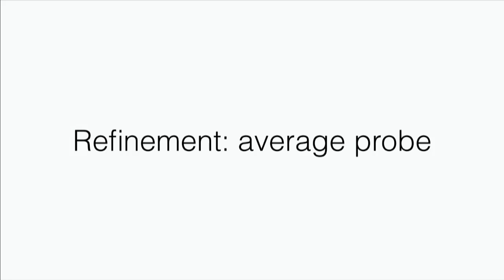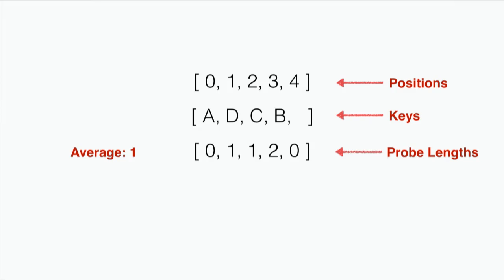Now, there's another refinement on this, which is looking at the average probe length. Once you've constructed the table, you can say, what's the average probe length? In our case, we're just going to say the average is 1, right? So now we store that average somewhere. Later on, when we do lookups, we hash the string.